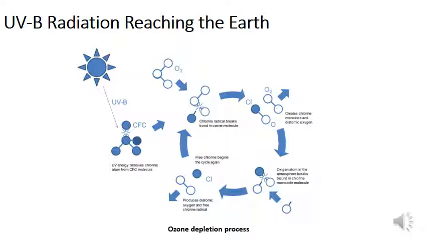wavelengths. Stratospheric ozone sustains a cycle in which three forms of oxygen are involved. Molecular oxygen photodissociates into two oxygen radicals in response to solar radiation around 240 nanometers.